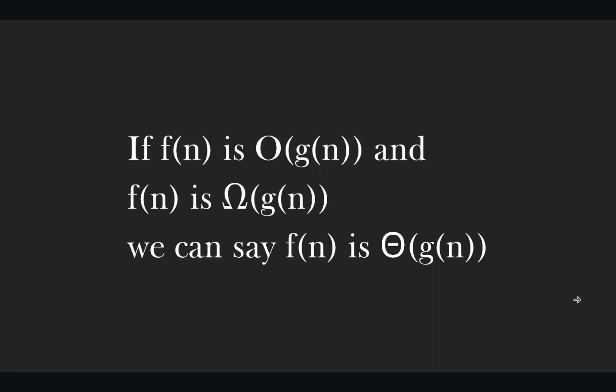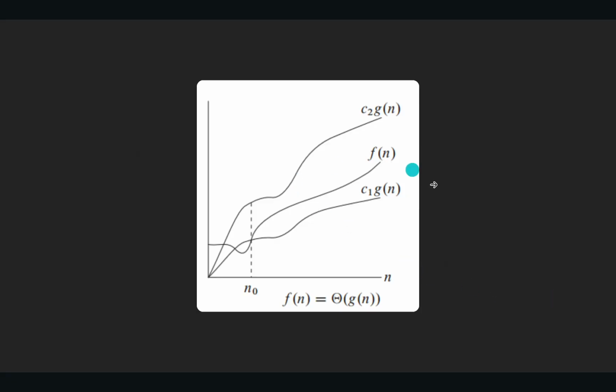Let's look at this graph quickly. Over here we have Fn, and over here we have C1 times Gn. As you can see, after n naught, C1 times Gn is less than Fn, whereas C2 times Gn is greater than Fn.